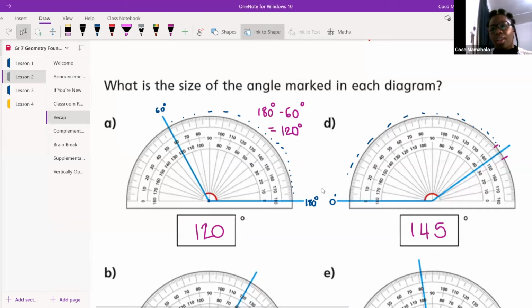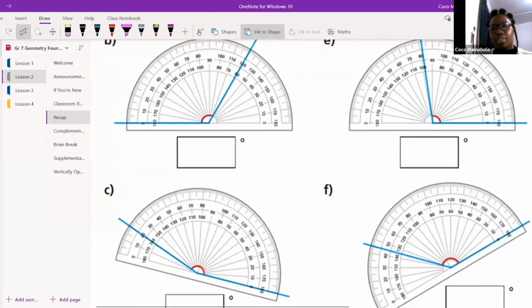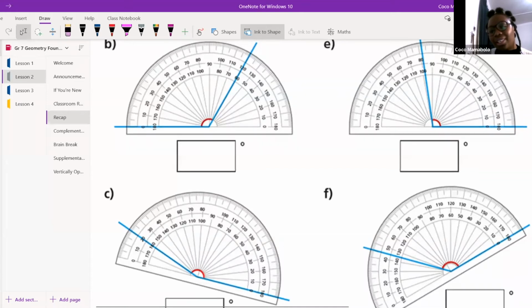Okay, all right, let's try these 4. And I know that the protractor has moved. Do you guys notice that the protractor is now at a bit of an angle, but don't panic, guys. The protractor has moved, but see how this is my vertex over here.